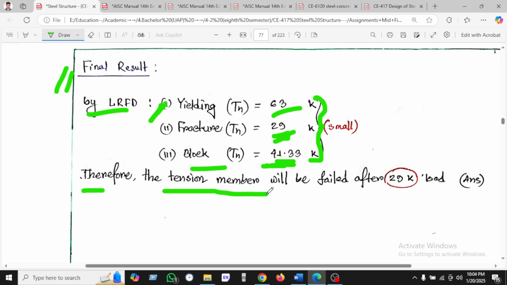Therefore the tension member will fail after a load of 29, in fracture mode, if we consider LRFD.